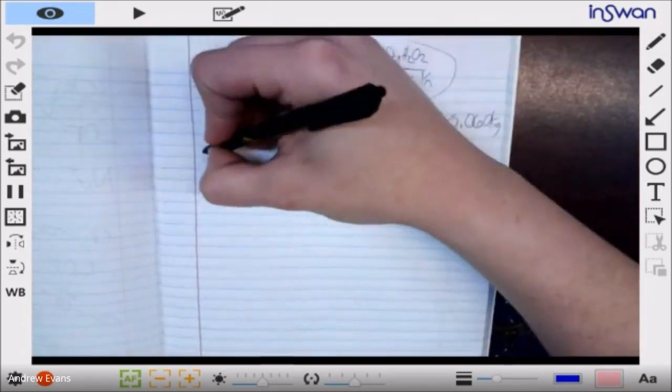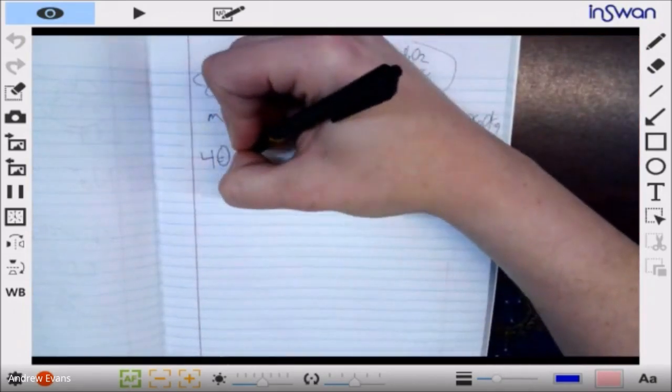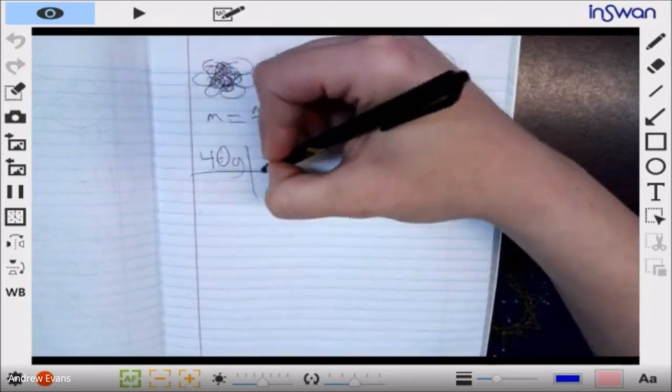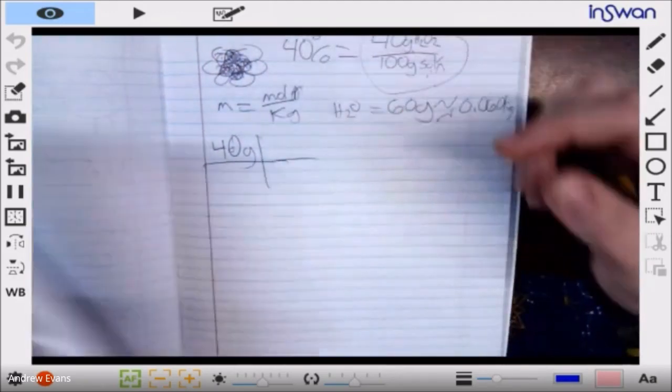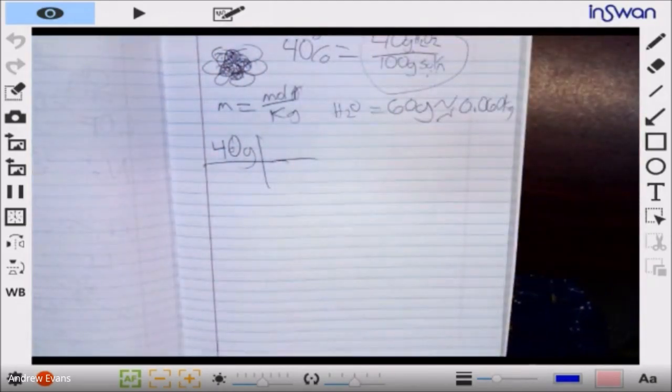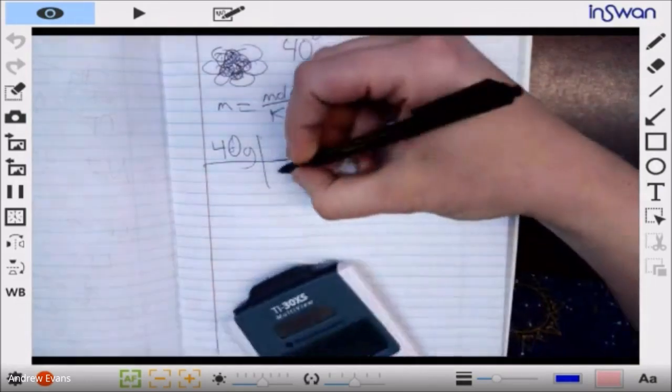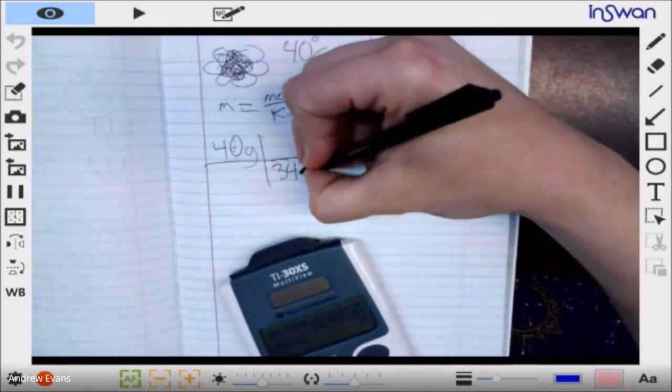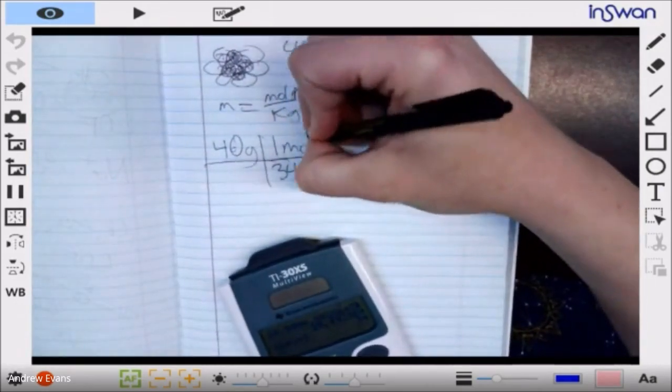Now I have to turn 40 grams into moles, no matter what, for both problems, whether I'm solving for molality or molarity. Peroxide is H2O2, so 16 times 2 is 32, plus another 2 is 34. So the molar mass is 34 grams in 1 mole.